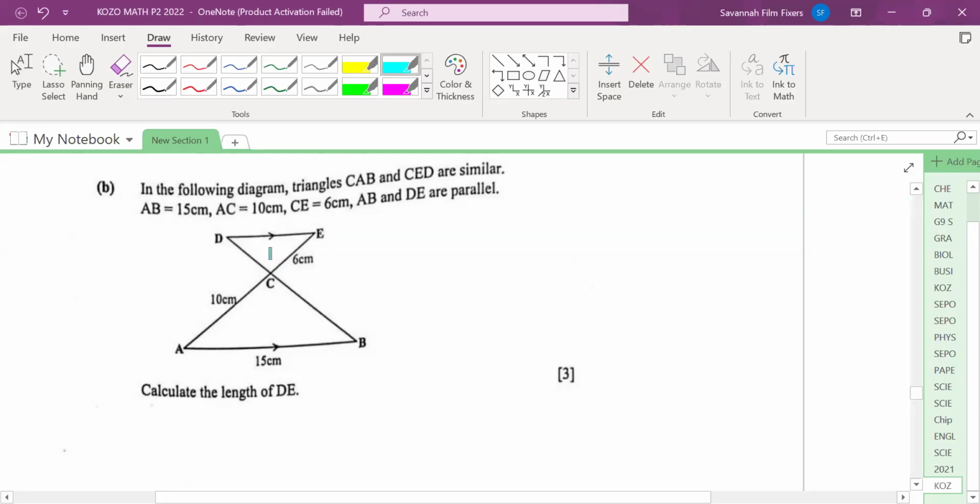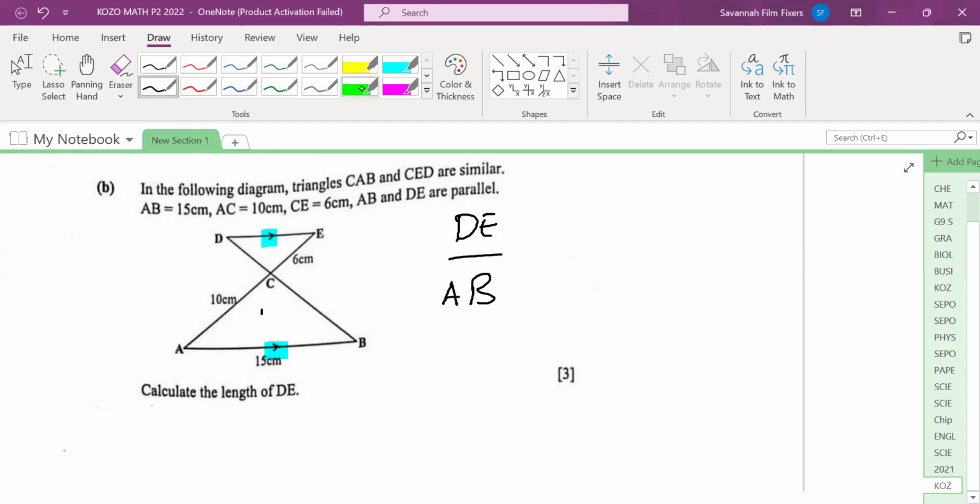And you can see that here they are parallel, meaning they are two similar triangles, meaning the ratio of their sides are the same, or they are similar. So DE over AB, this side here.